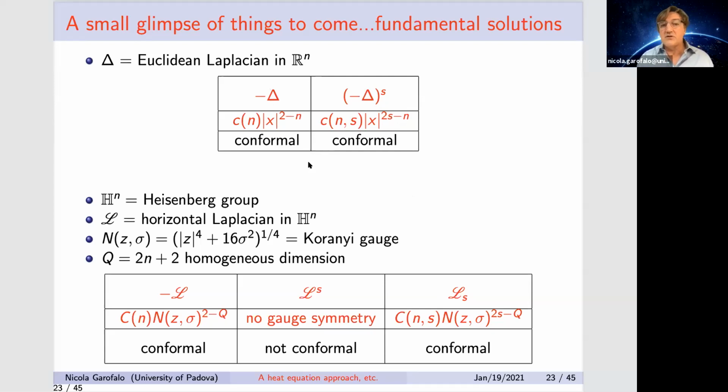These two operators are invariant under conformal changes. This does not happen in this setting. In the Heisenberg group, the operator L upper s is not conformal, but in order to restore conformality, an important geometric property, we have to look at this operator L lower s.